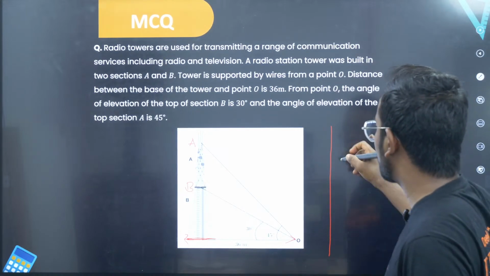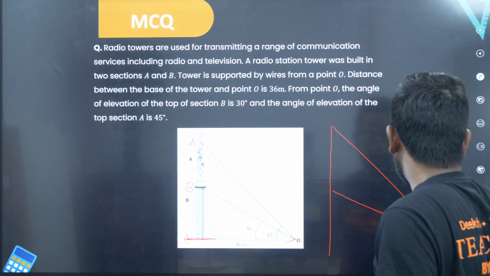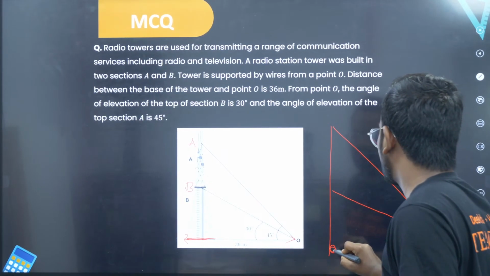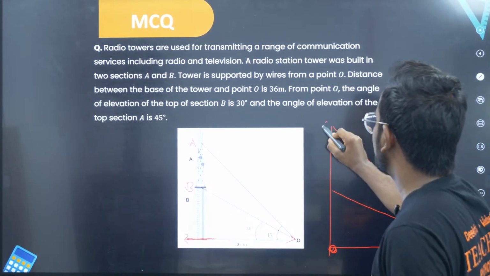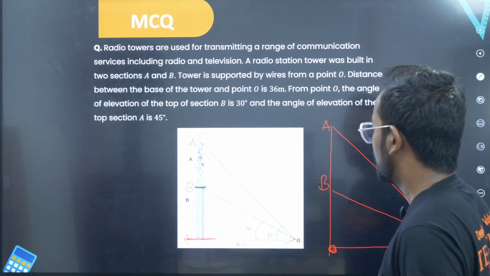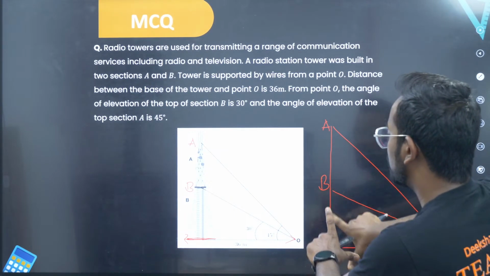So you have a radio tower. It is built in two stages. The first stage is from ground to B, and this is A, this is B, and you have a radio tower here. Sir, it is built in two stages.